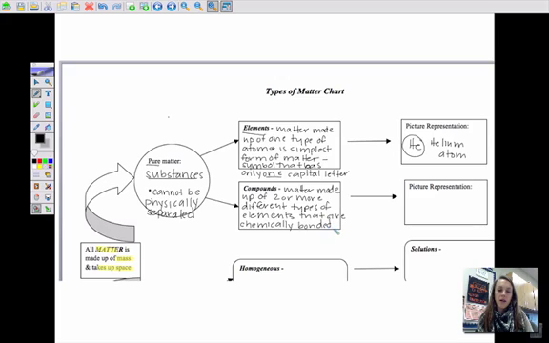These are also easy to identify because they're going to have chemical formulas, which means they're going to have more than one capital letter.